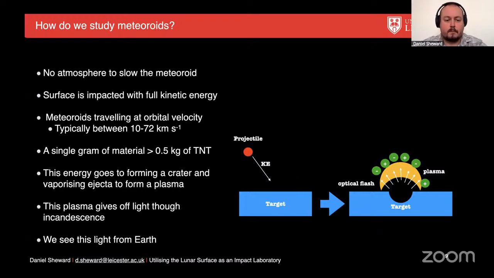So these are very energetic things. And this energy is all released within a few milliseconds, and it excavates a crater, and some of the ejecta is superheated to form a plasma. And this plasma gives off the light through incandescence. And if sufficiently energetic, we can see this light from Earth.